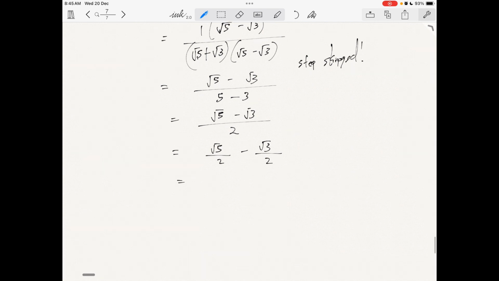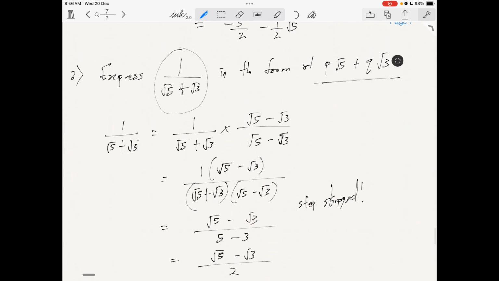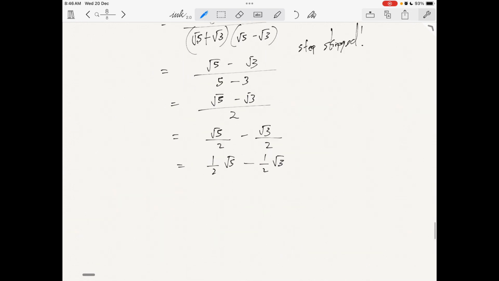Alright, so this will give us 1 over 2 root 5 minus 1 over 2 root 3. Now remember we are asked to leave it in the format of p root 5 plus q root 3.